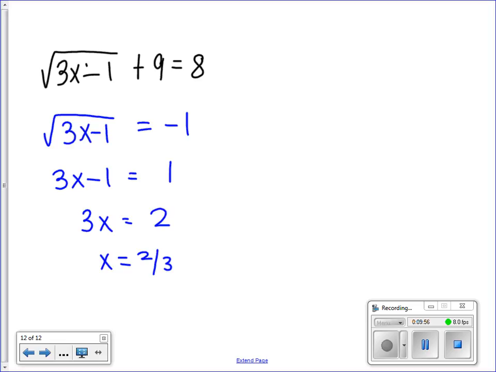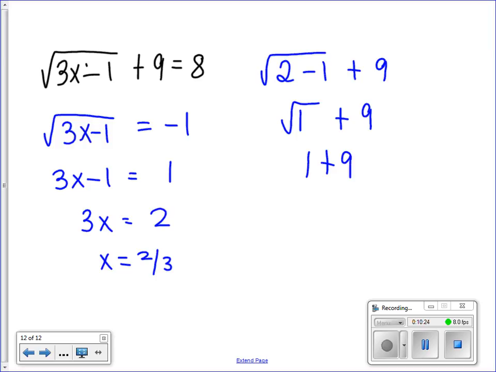So you got 2/3, right? 3 times 2/3 is 2. And 2 minus 1 is 1. What's the square root of 1? And what's 1 plus 9? Not 8. 10. Yeah.